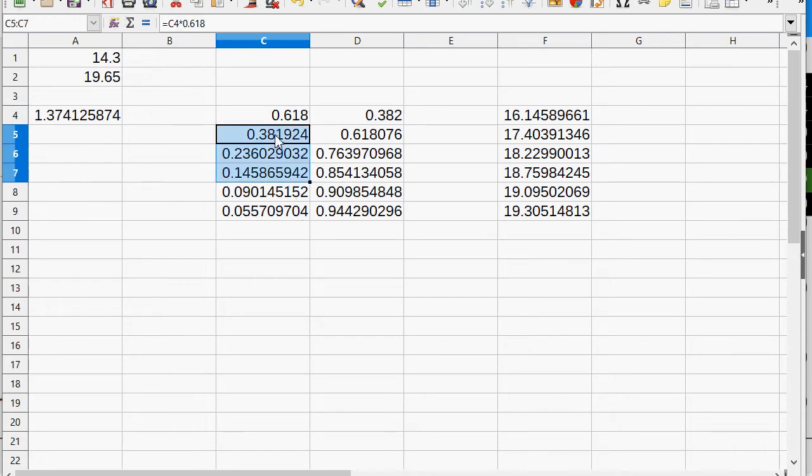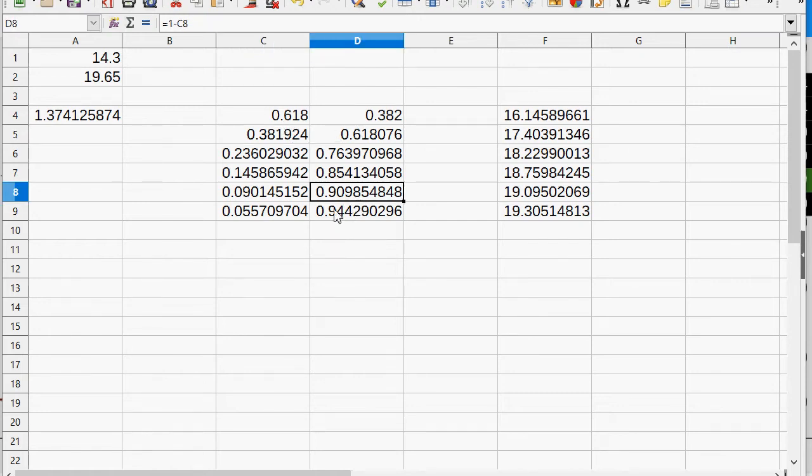And then each one of these is equal to the previous number up top, which in this case is 0.618, multiplied by 0.618, so then 0.38, and so on and so forth. And I subtracted this by 1 because I need the mathematical formulation to calculate the 23.6% to get this number.